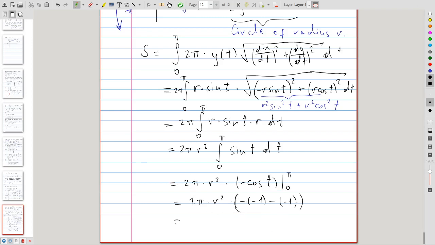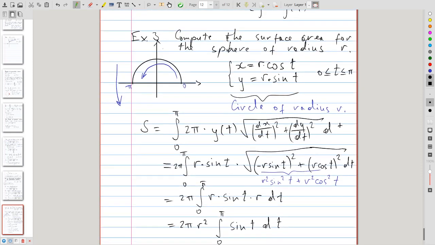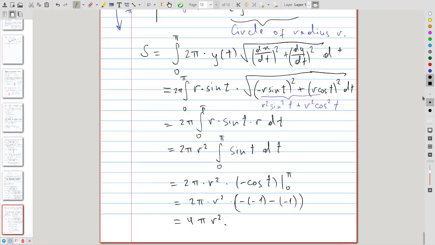And this gives me 4 pi r squared, which, if you recall, is precisely the area of a sphere of radius r. So if you ever looked into this, this would be precisely the formula for the area of a sphere of radius r. And so indeed we have successfully computed the correct expression.